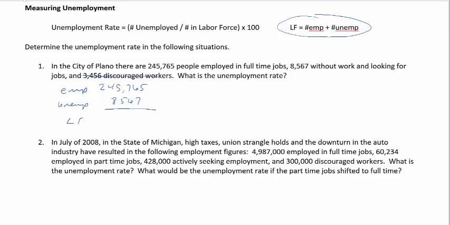Those added together give us our labor force, which is 254,332. To calculate unemployment, we take the 8,567 that are unemployed and divide by the labor force. I guess I need to do it. 8,567 divided by 254,332, we get 3.49%. Alright?